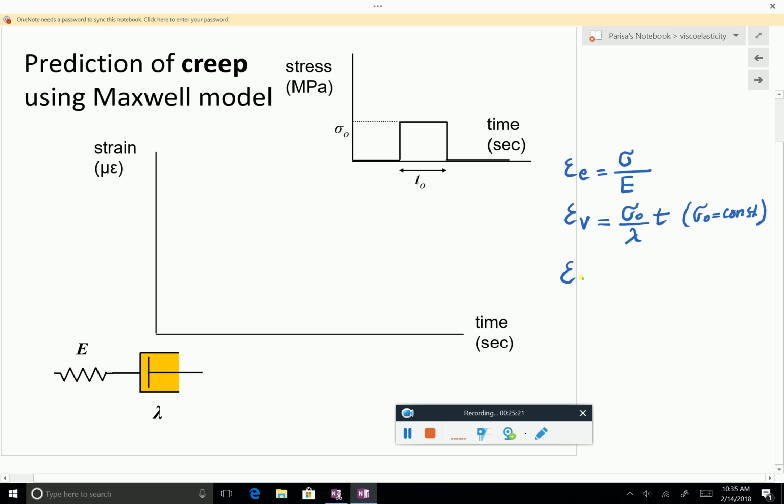So total strain is the elastic plus viscous for Maxwell when we have creep. So try to draw this, and this time put the amount of the strain. What is the strain? How much is it? Work with each other, talk to each other, look at the notes.